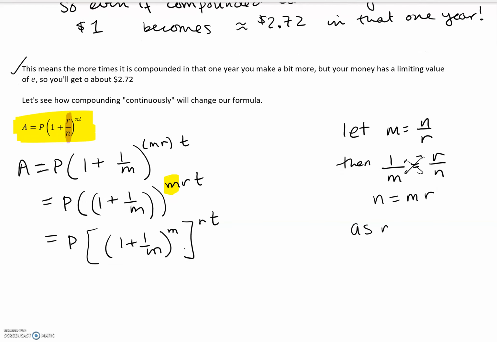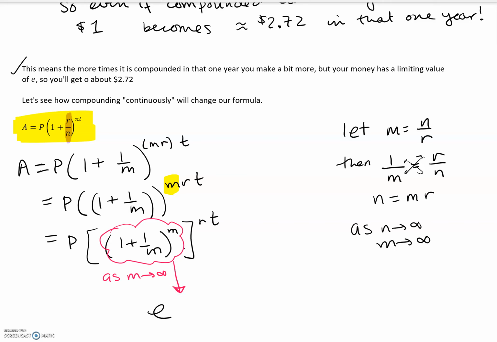Now as n goes to infinity, m goes to infinity also, because you have n getting bigger and bigger and m getting bigger and bigger, which means this guy, as m goes to infinity, approaches e.